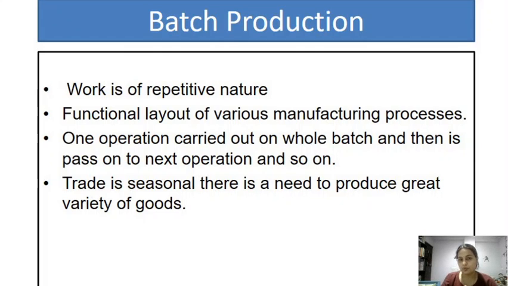Basically, I want to say that batch production is there when there is a seasonal demand for the products. In this type of production, the work is of repetitive nature, and the best examples are clothing and household appliances like making of ACs, in which the demand is based on the seasons.